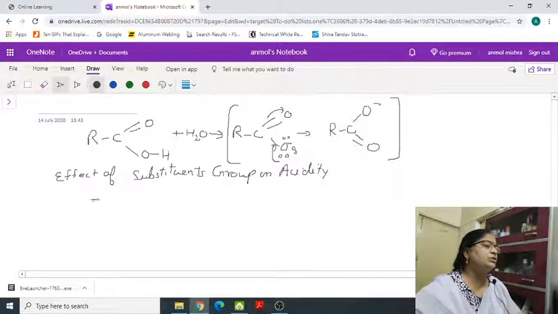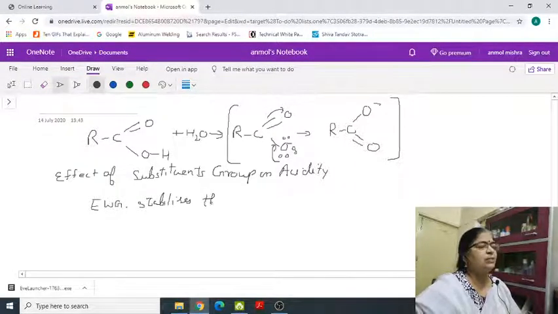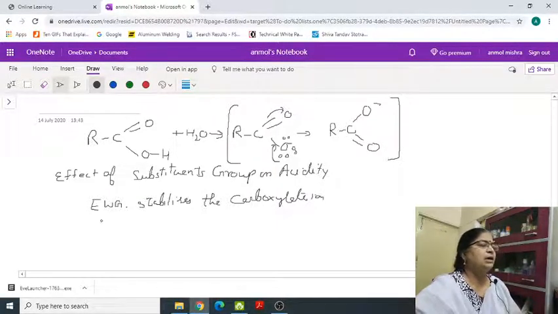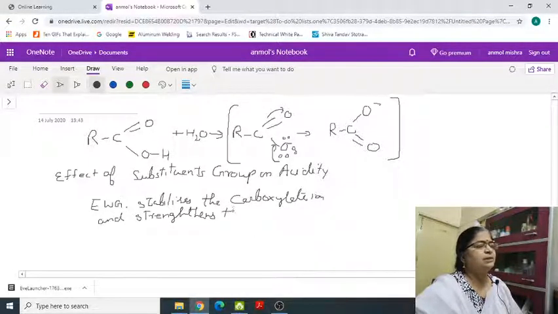An electron withdrawing group stabilizes the carboxylate ion and strengthens the acidic character.